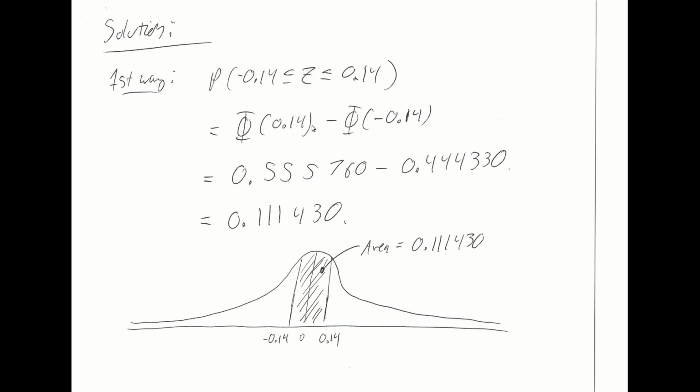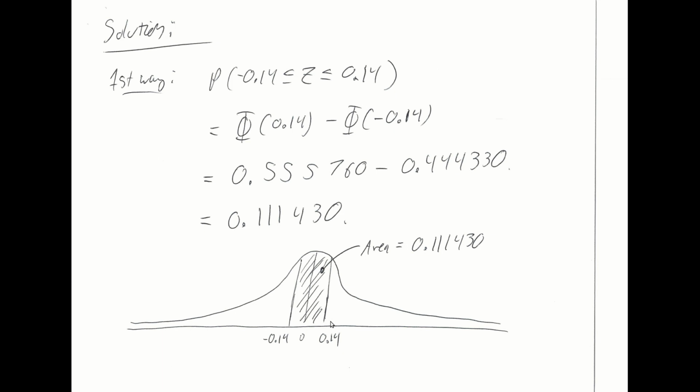The probability that z falls between any 2 numbers is always the value of phi at the right-hand endpoint of that interval minus the value of phi at the left-hand endpoint. Phi at 0.14 is the area to the left of 0.14, whereas phi at -0.14 is the area to the left of -0.14.